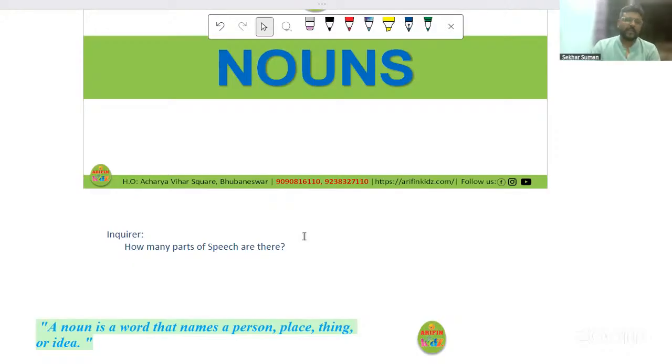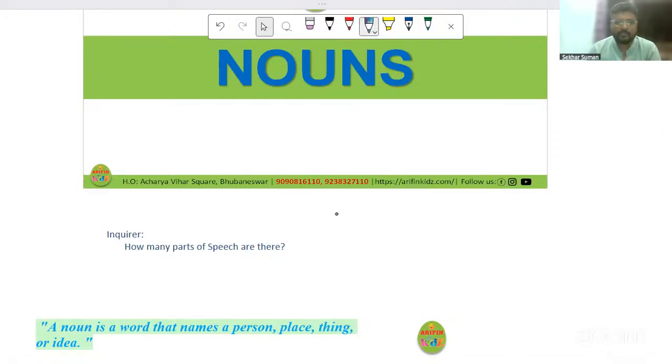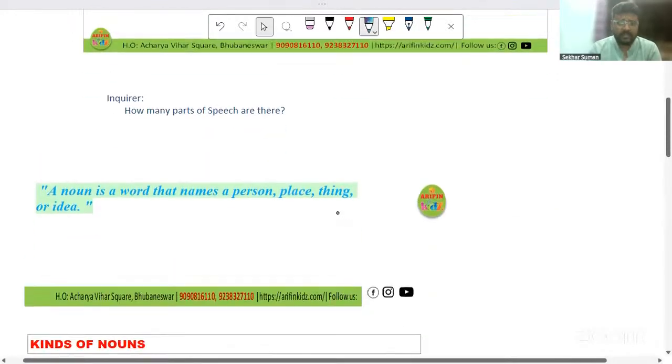Now, why have these parts of speech come about? Can anybody explain? I would feel privileged to make you understand how these 8 parts of speech have come.